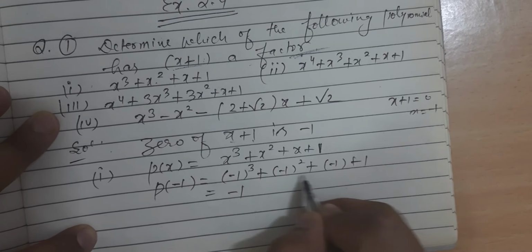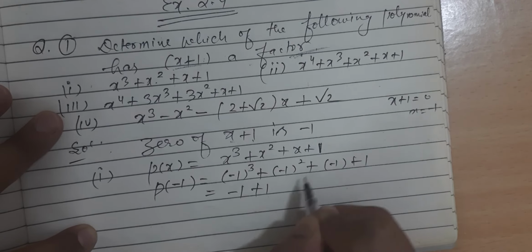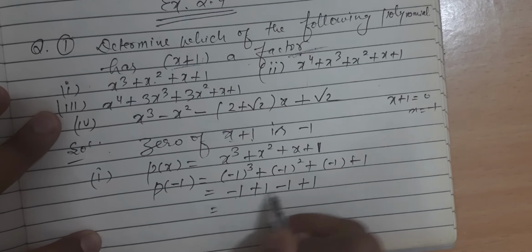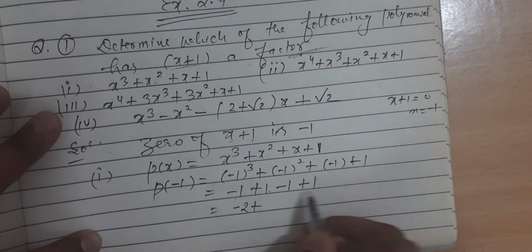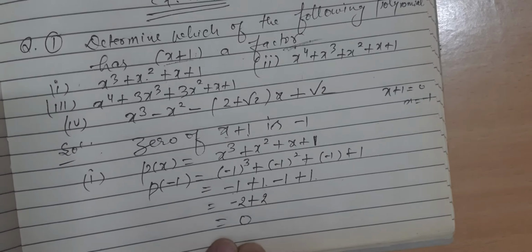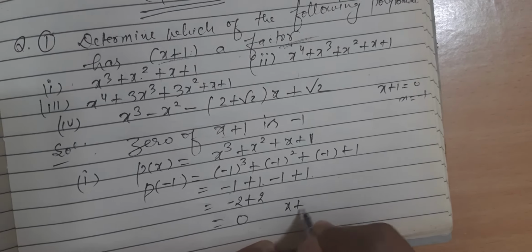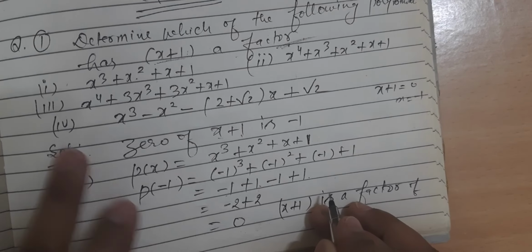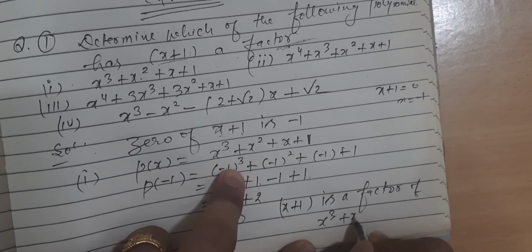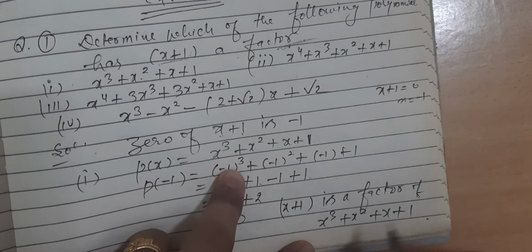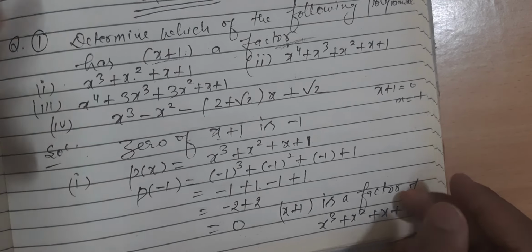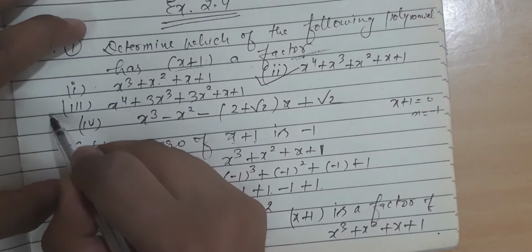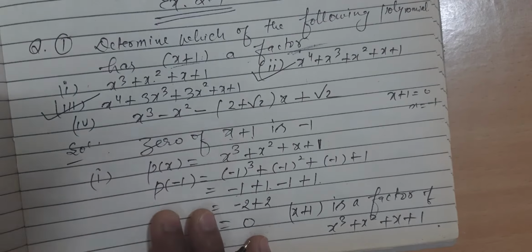Minus 1 cube is minus 1, minus 1 square is plus 1, plus minus 1 is minus 1, and plus 1. So minus 1 minus 1 is minus 2, and 1 plus 1 is 2. See, we are getting 0. It means x plus 1 is a factor of the polynomial x cube plus x square plus x plus 1. Now you find whether x plus 1 is also a factor of the second and third ones. I will solve the fourth one.